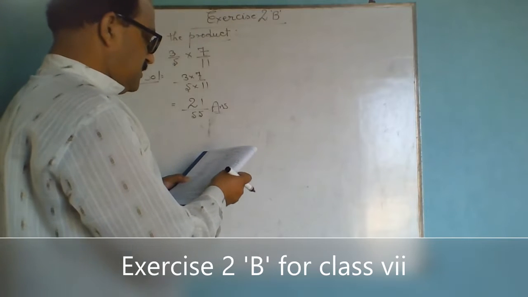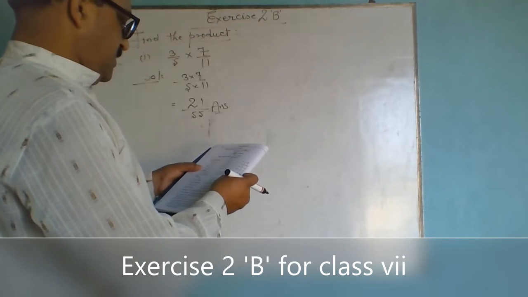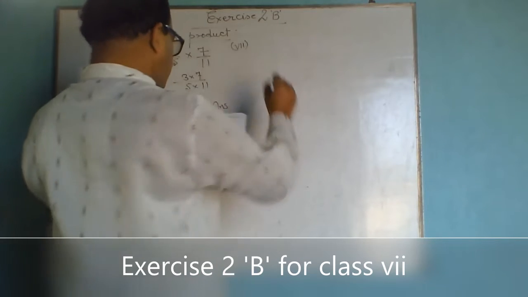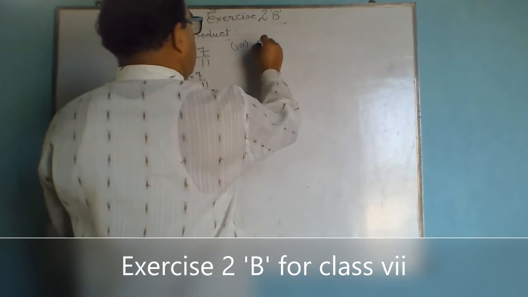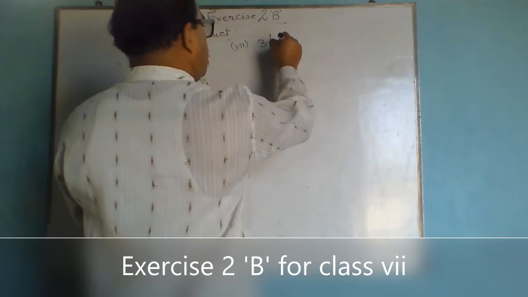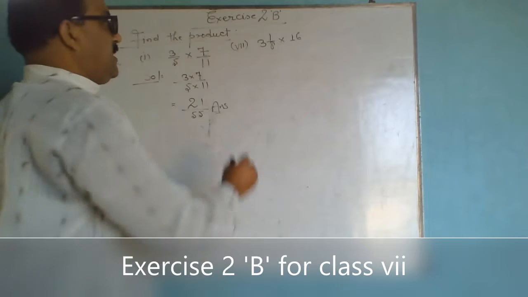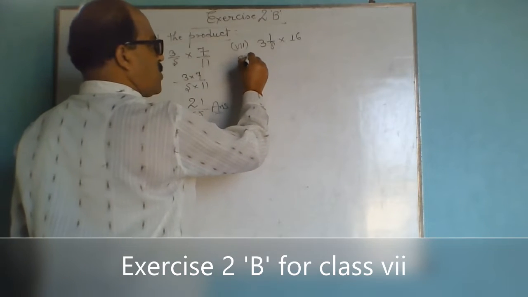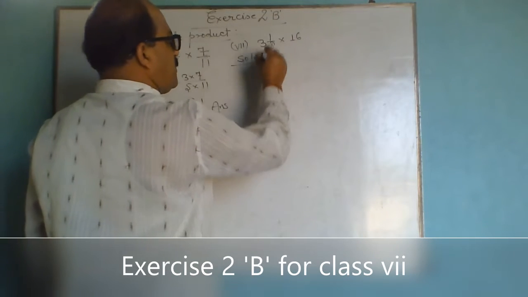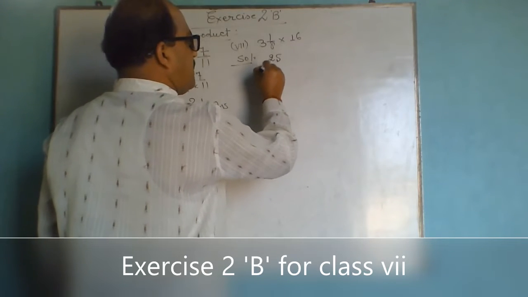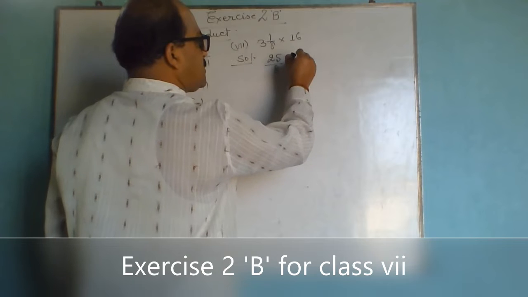In question number 7, this is a different question. 3 whole 1 by 8 into 16. Here is the solution. 3 whole 1 by 8: 3 eights are 24, plus 1 is 25, so 25 by 8 into 16.